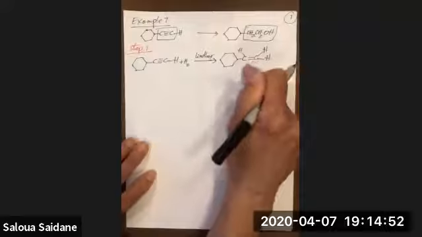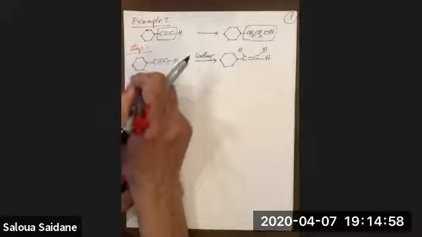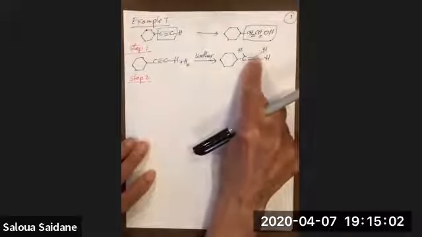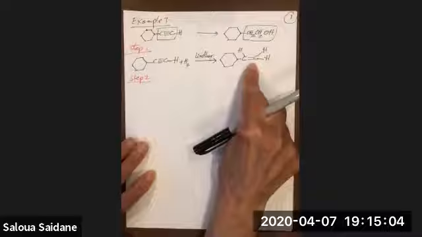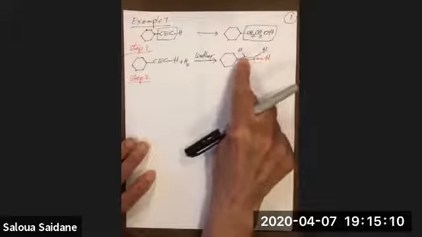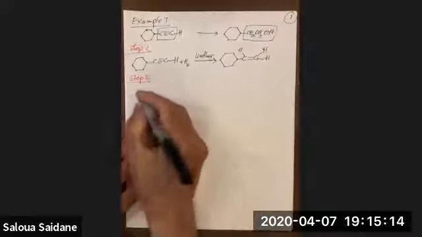I have an alkene, and how do I go from an alkene to an alcohol? That's chapter 6. So step 2, we can add water to this. But if you remember chapter 6, if you add water in the presence of an acid, the H adds here, the OH adds there. But we have an OH that's terminal.